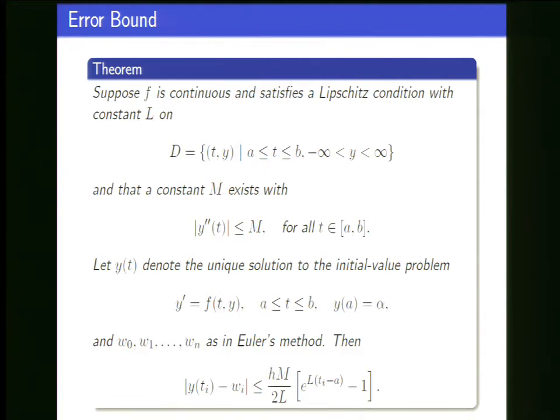Let me prove it. It's not very short, but it's not too difficult either. What I like about this proof is that it doesn't need much. It needs the problem. We're trying to solve this equation, and we'll call the true solution y. The true solution is always y. We start at alpha, and we're going to go from a to b. And then we have a method that is proposed. It's a discrete equation. It will give a recursion.